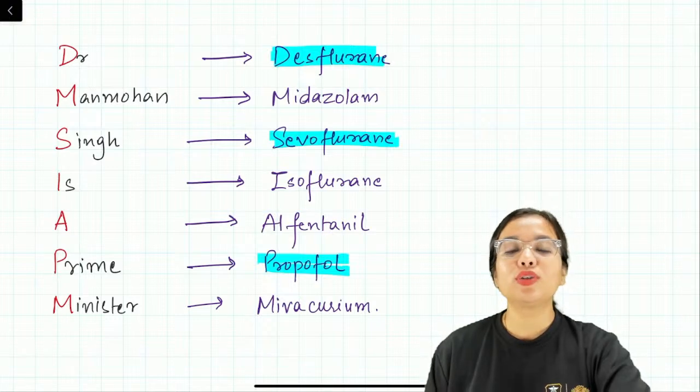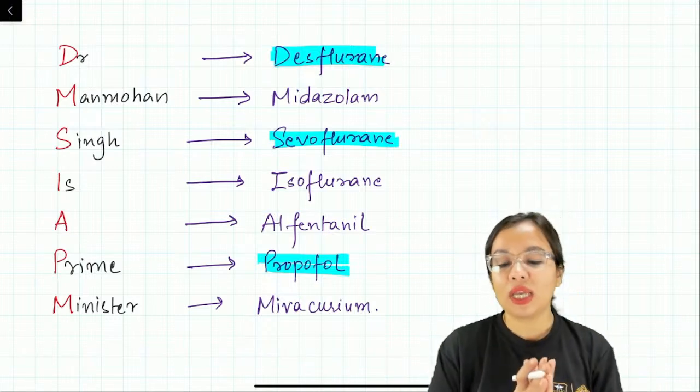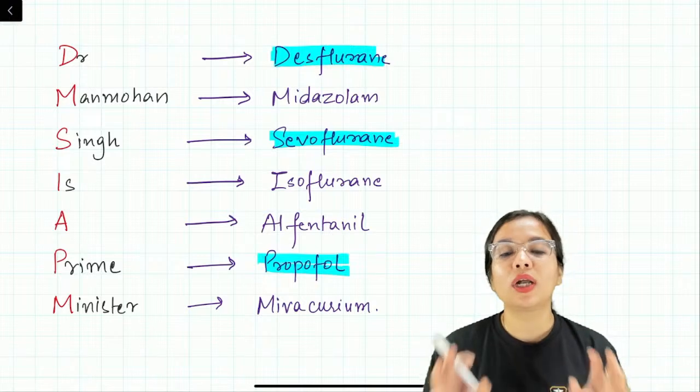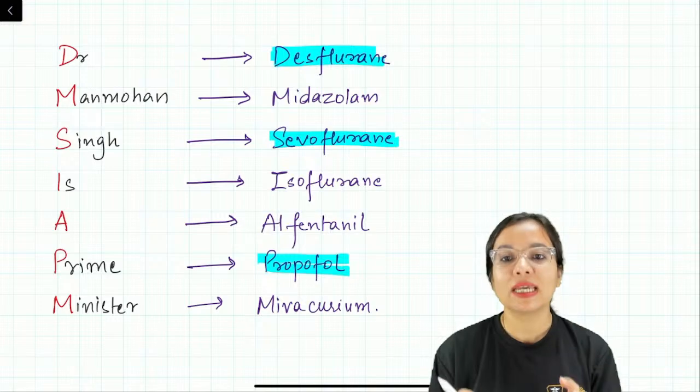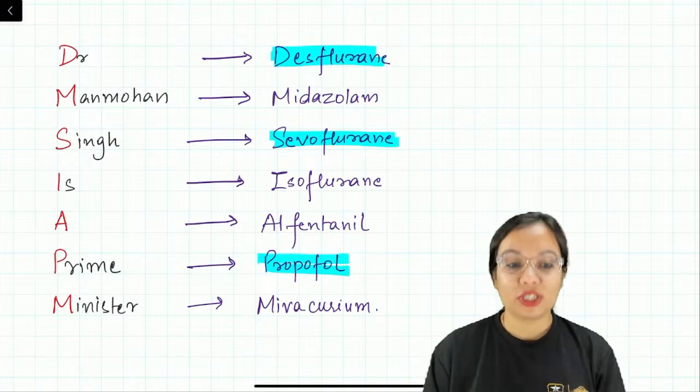Now, also when we are talking about daycare surgery, just randomly I want you all to know the color coding of the cylinders that are used for storing various gases in the operation theater.